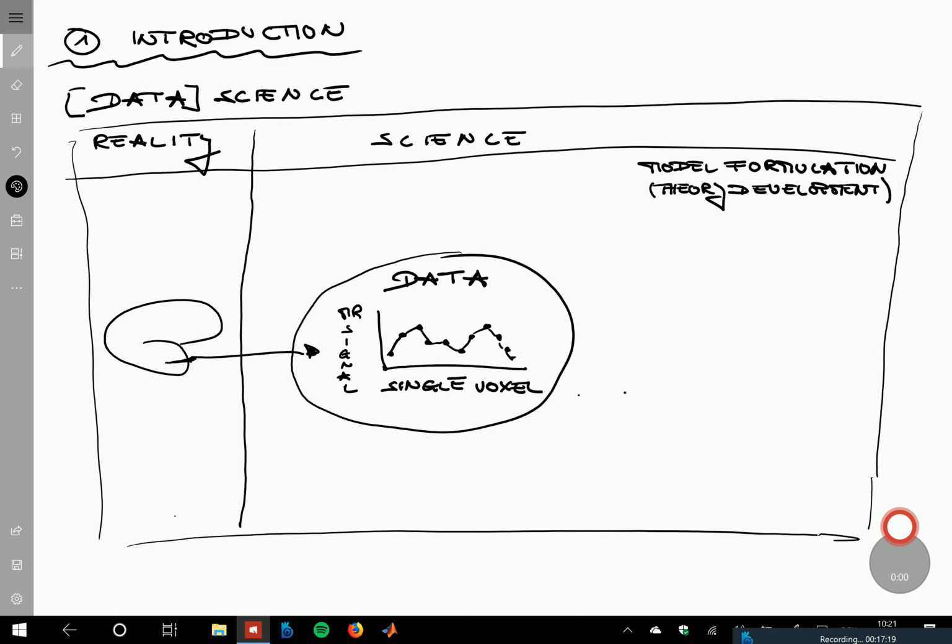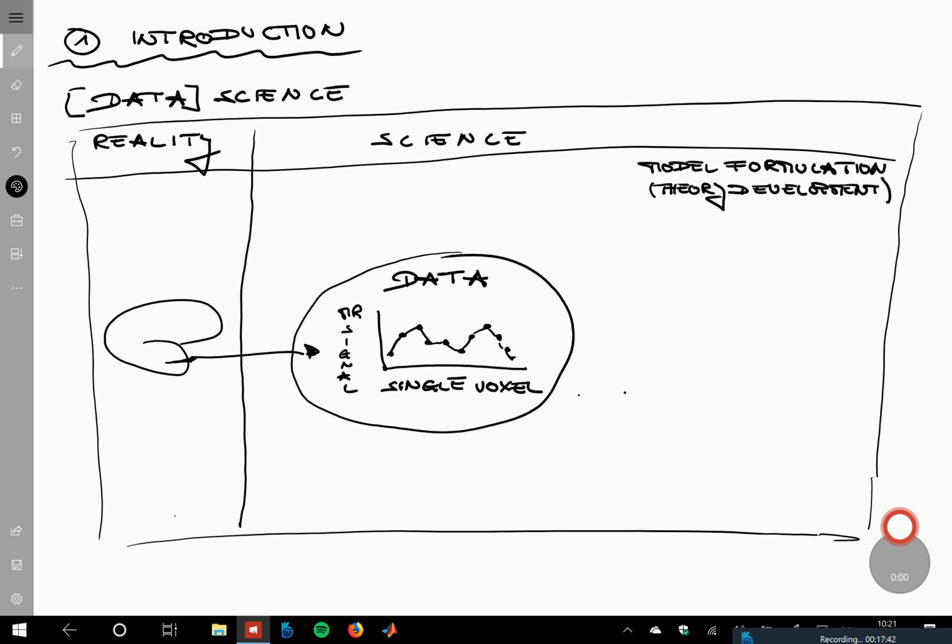The task of every scientist is not to run the scanner all the time, chuck the data into SPM, get something out, write a paper, and then for the next paper do something else. The task of every scientist is also to formulate theories and models. And of course, everybody does that.